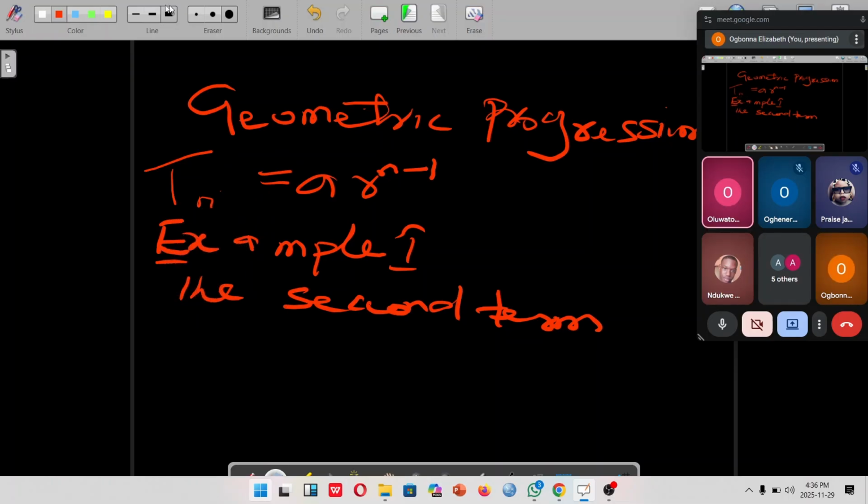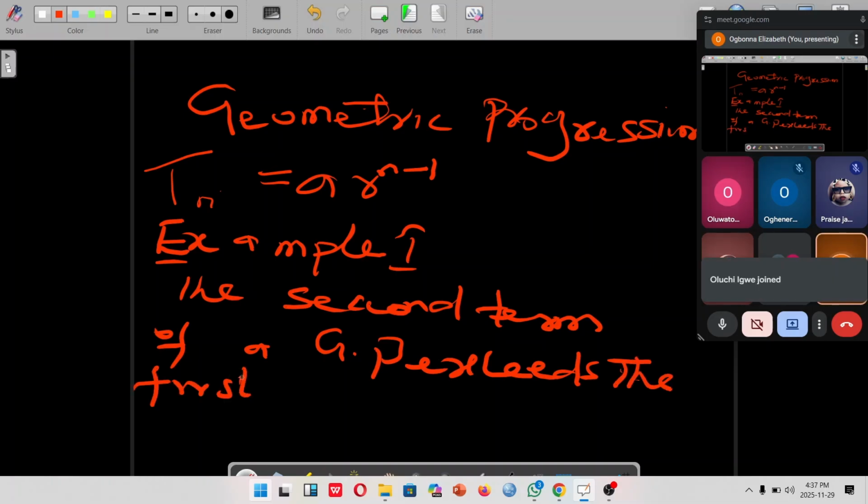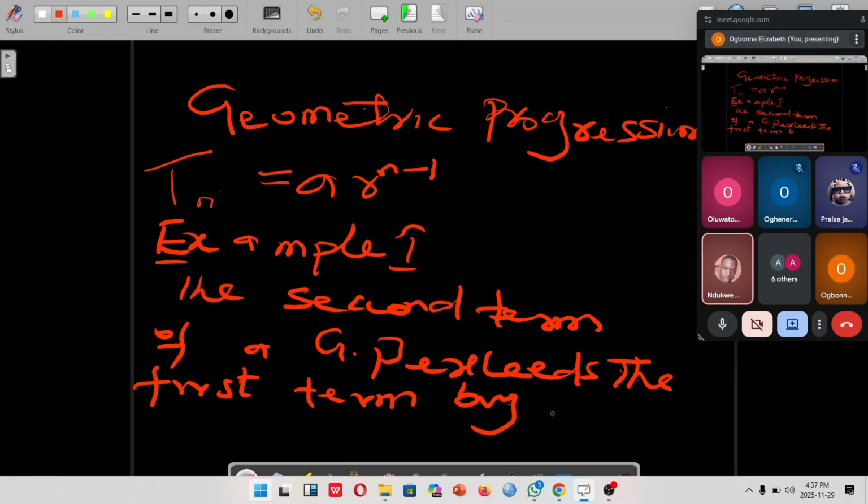Full stop. The second term of a GP exceeds the first term by 4.